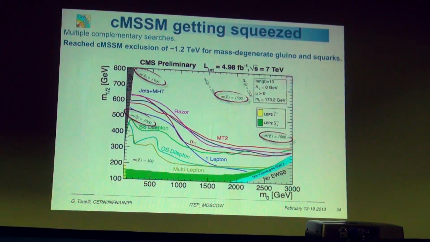This is the same story. And you see also that in terms of M1/2, the squark limit is between 1 and 1.5, while the gluino limit is around, let's say, 1 TeV. So we are really pushing the limits toward 1.5 TeV.